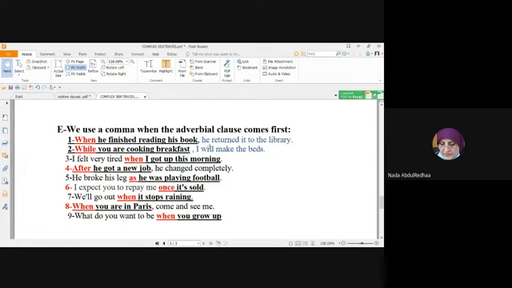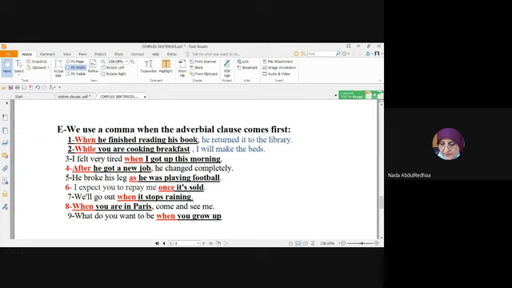If I change it and put the dependent clause at the beginning, I have to say he returned the book, because I can't say it from the beginning. This is the first time I mention the word the book. I have to say he returned the book to the library when he finished reading it.